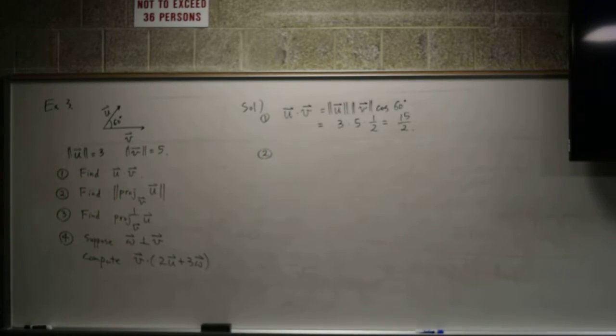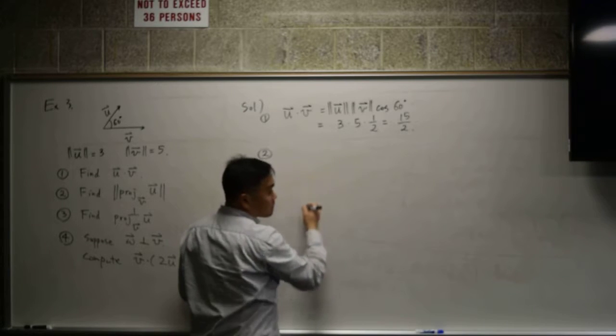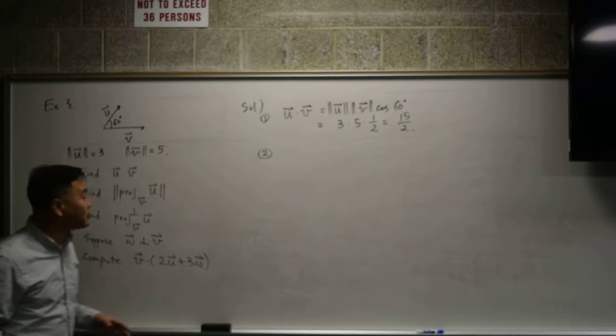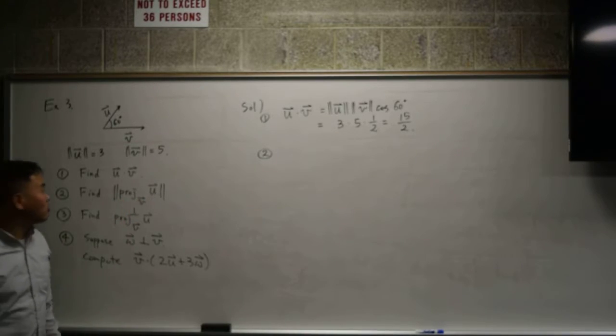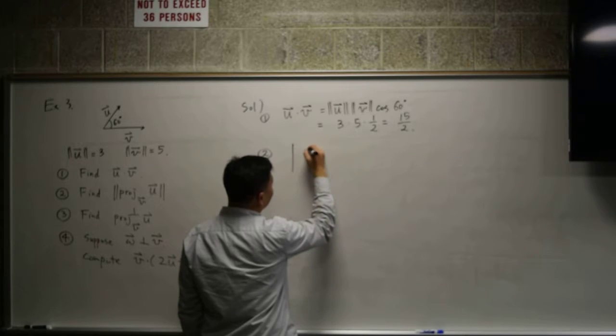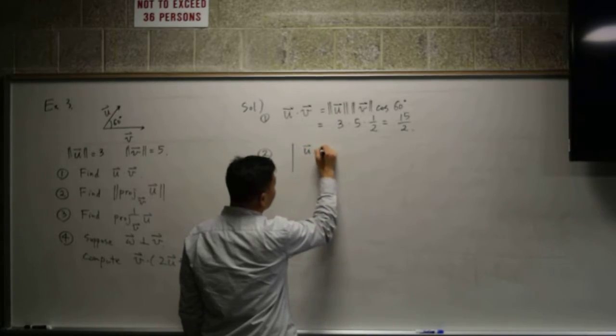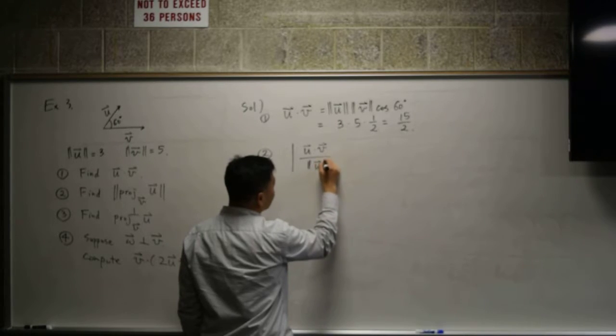Okay. Then what about the projection of u onto v? What's the magnitude of the projection? Well, you can do this in 2 ways. One, you can use the formula which says I need to take the absolute value of u dot v divided by the norm of v.